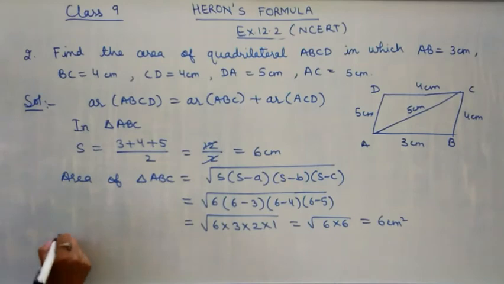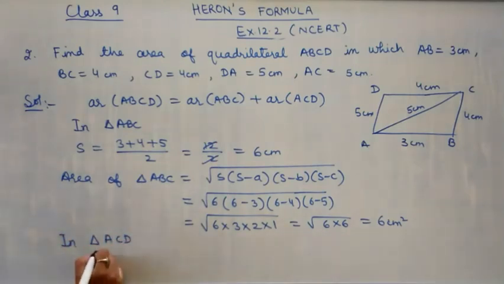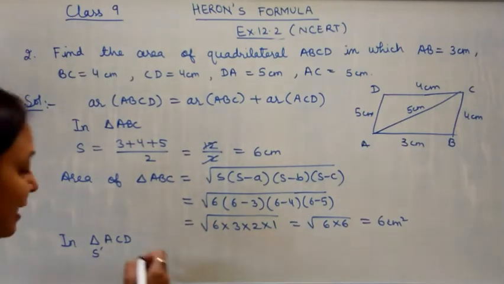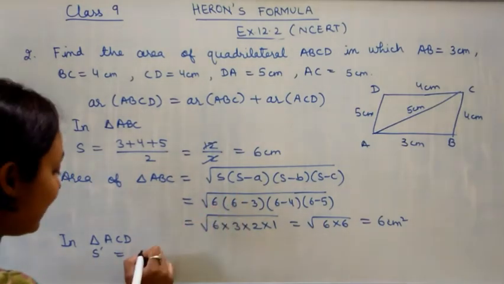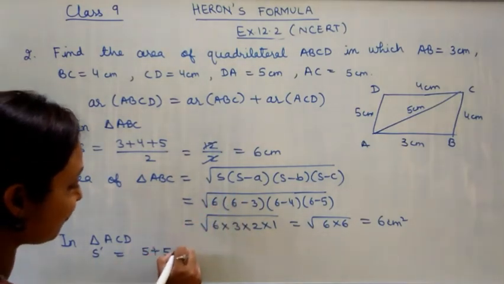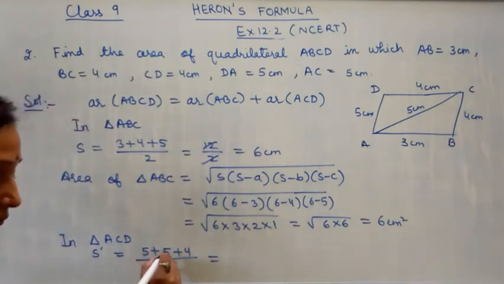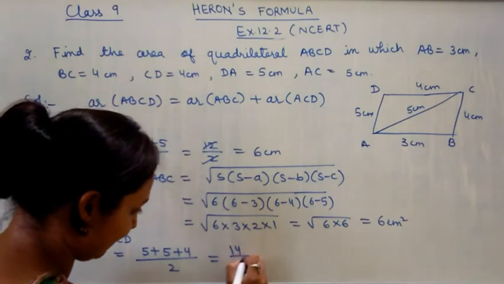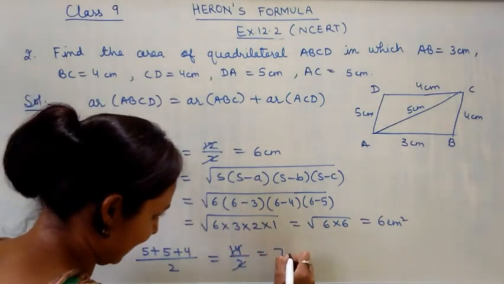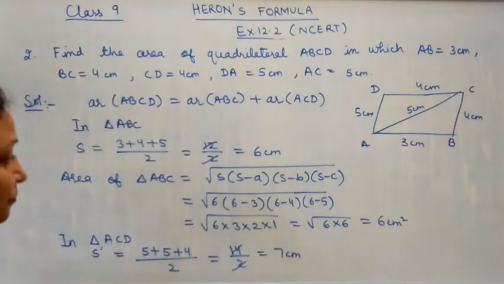Now come to the area of ACD. Here S dash is equal to 5 plus 5 plus 4 divided by 2. That is 5 and 5 10 and 4 14, divided by 2. After cancellation we will get 7 centimeter.